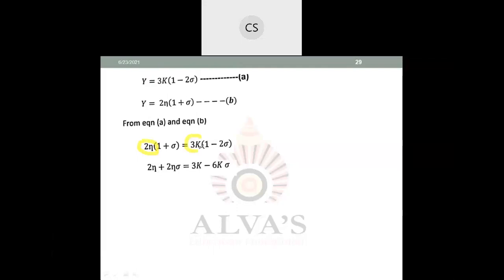In the same way, let us take 3K inside the bracket and expand: 3K minus 6K sigma. Let us move further.